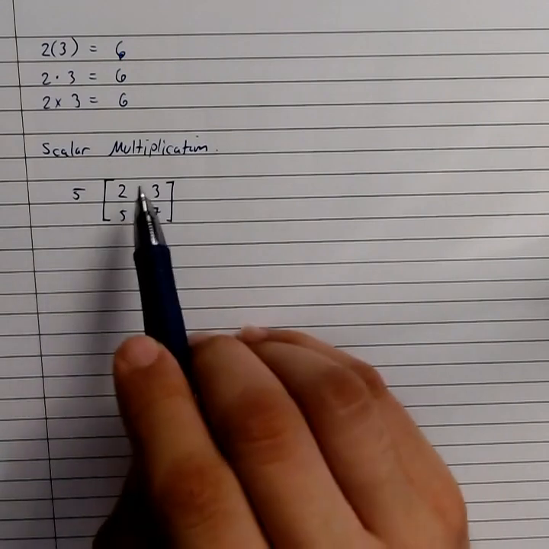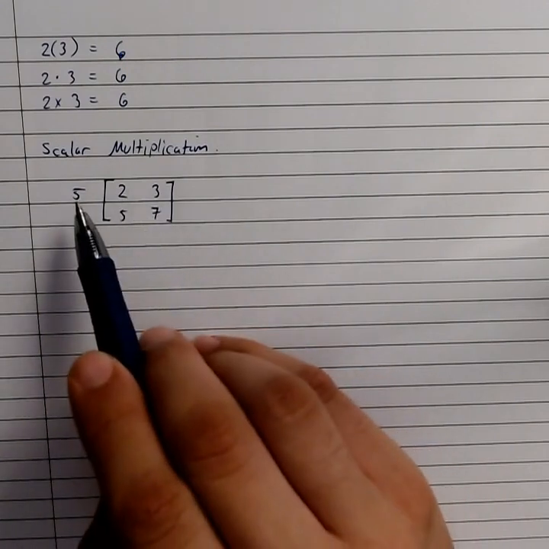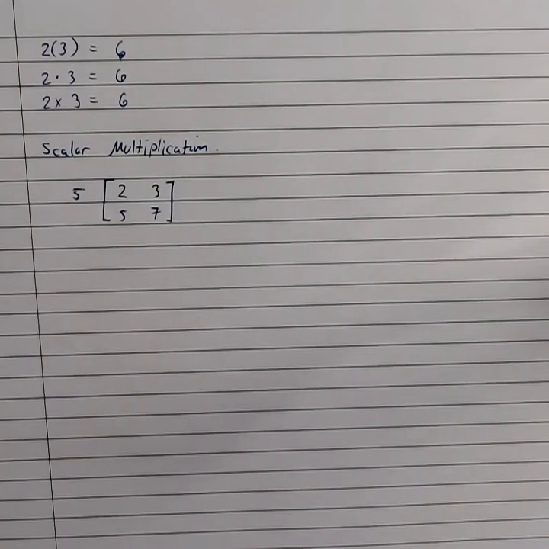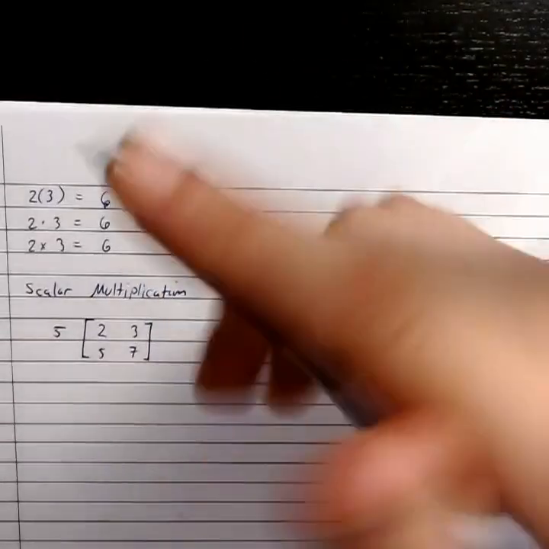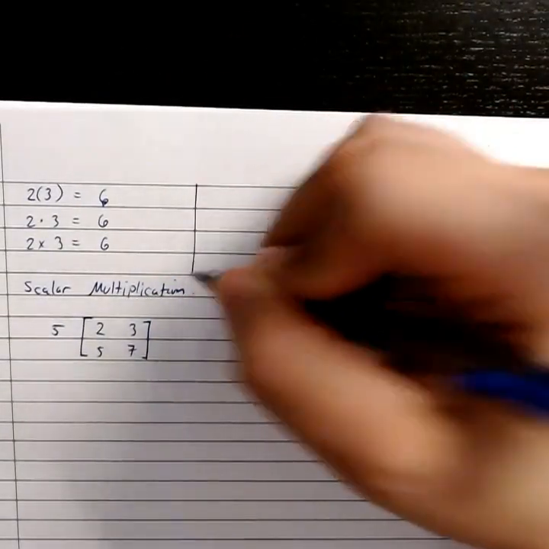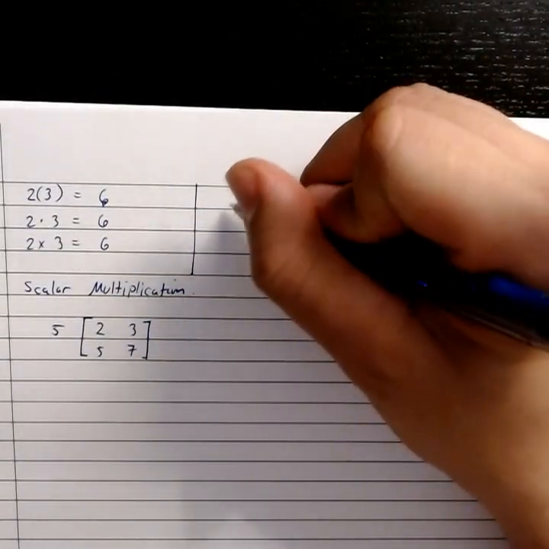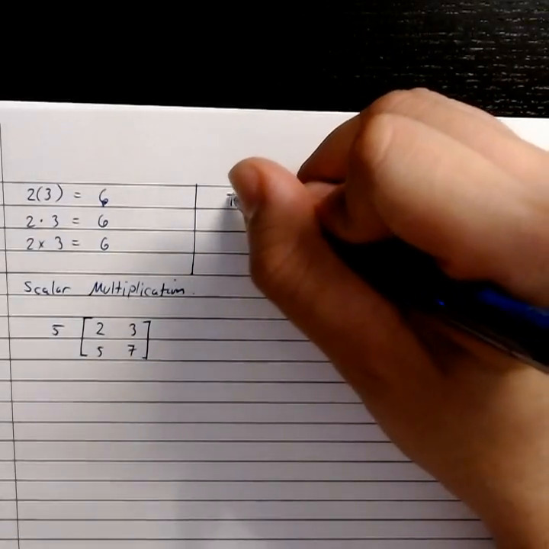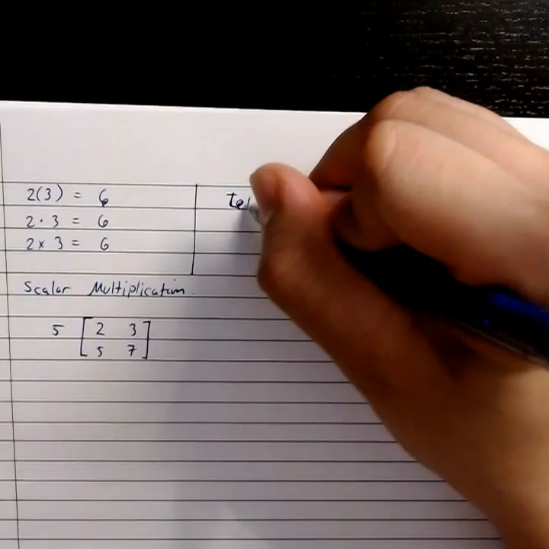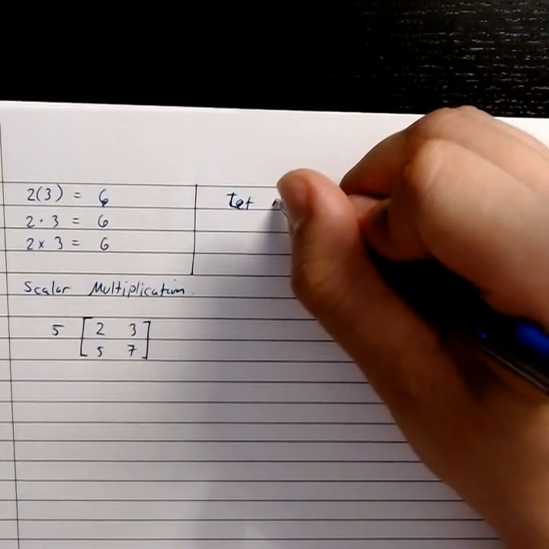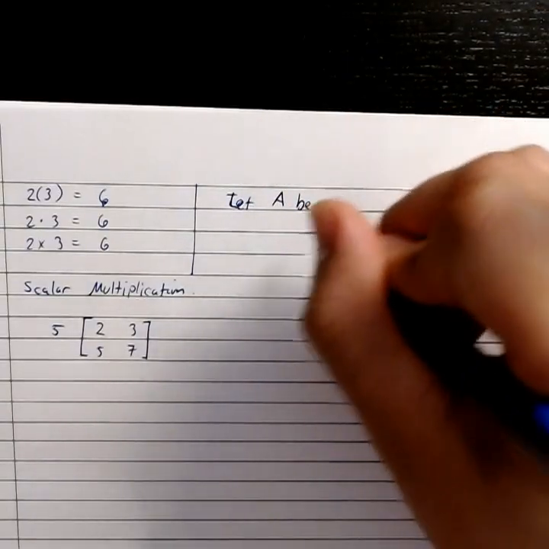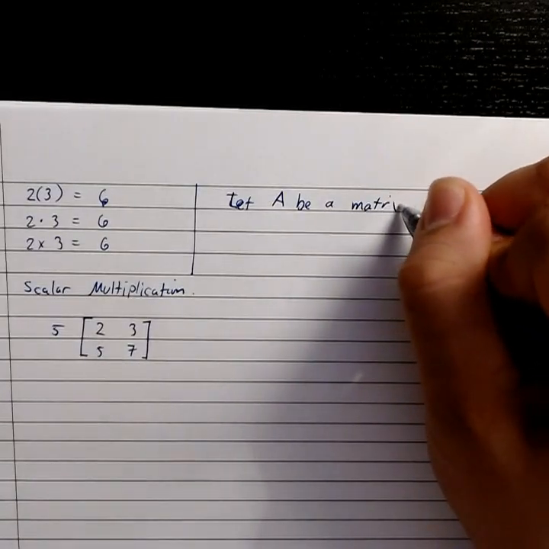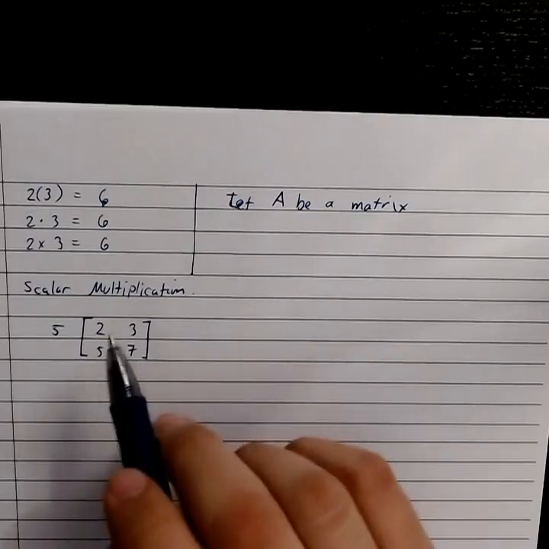We define a scalar multiple by taking the elements of our matrix and multiplying each of them by the scalar. All right. So here, let me write that out in a generic way. Let A be a matrix. Notice I don't say anything about its order. This will be true of any matrix.